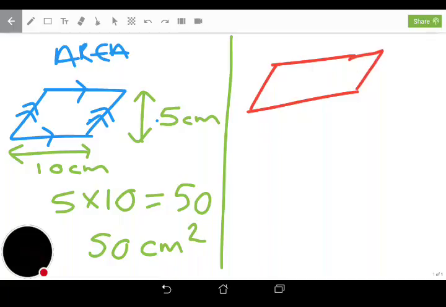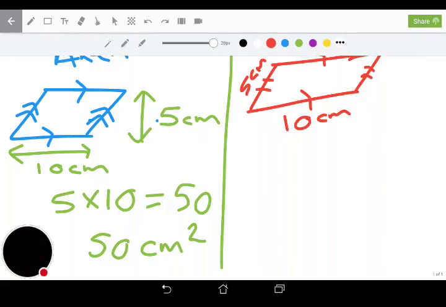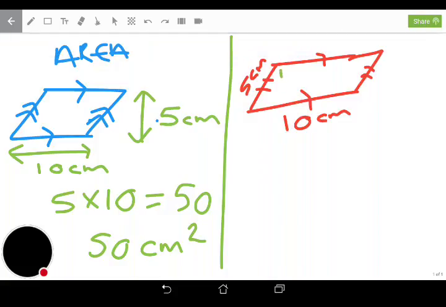With our parallelogram here, it's going to tell us that this length here is 10, and that this length here is 5 centimetres, and the base is this. But what it doesn't tell us is the height. The height, this bit of information here, is missing.